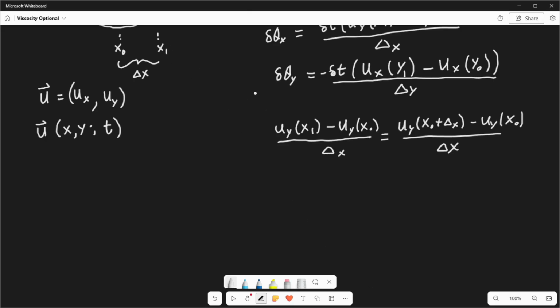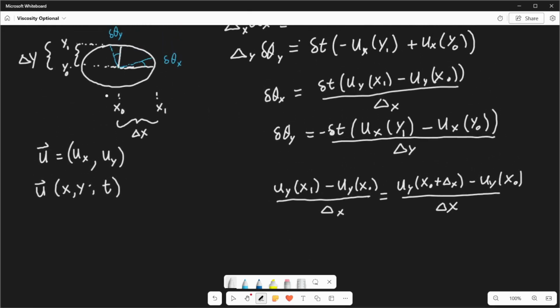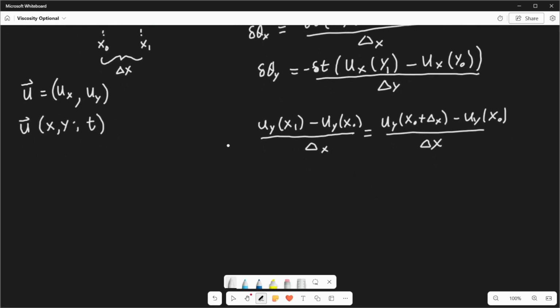That's just using the fact that by definition x1 is basically x naught plus delta x. So this whole thing is basically going to approximate a partial derivative. So this basically goes like the derivative of uy with respect to dx.